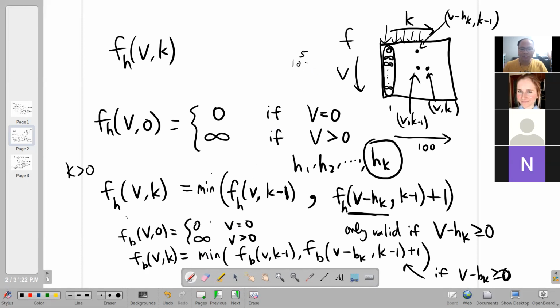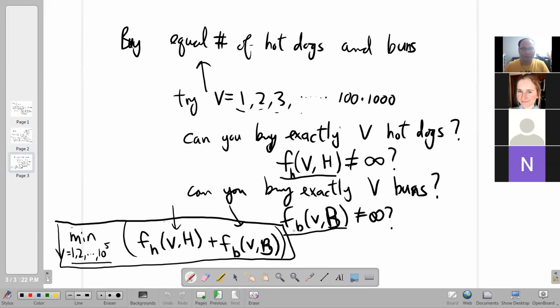So altogether it is 10 to the 7 or 10 million. So it will take you about 10 million steps to compute the table. You have to do it twice, one for hot dogs and one for buns. So it's about 20 million, which is not that bad. So that's basically the solution.